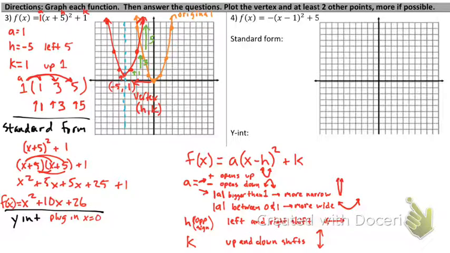Only in standard form. So if you wanted to try plugging in, 0 squared is 0, 10 times 0 is 0. So what's 0 plus 0? 0. 0 plus 26 is 26. So that means my y-intercept will always be my c value. So the y-intercept is going to be 0, comma, 26.